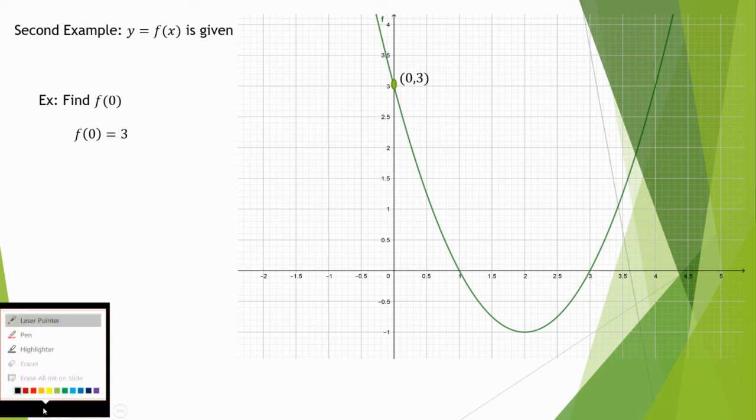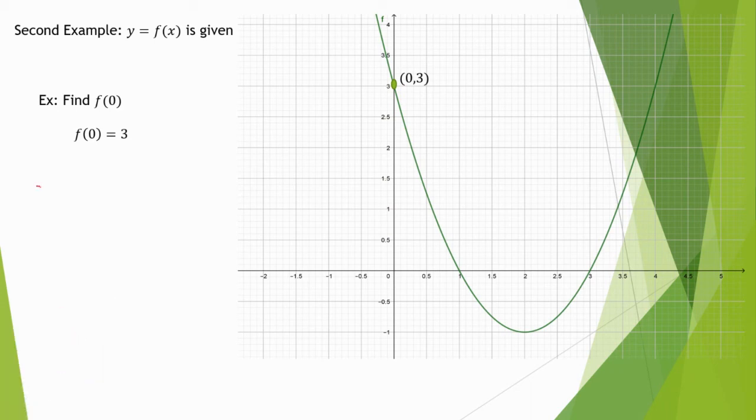Okay, so we have that now. What about this one? Here's another one. What would f of 1 be? Well, let's take a look. If we look for 1 on the x-axis, f of 1 is over here.